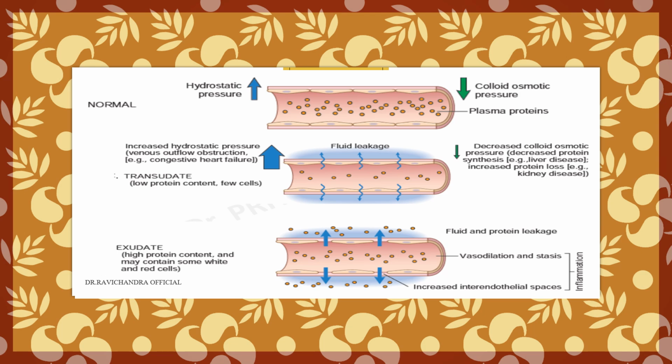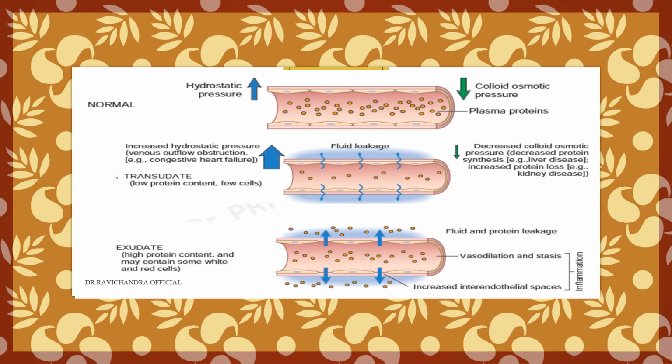In an exudate there will be high protein content and it may contain sometimes white blood cells and red blood cells. There will be vasodilatation and stasis and increased interendothelial spaces resulting in inflammation.